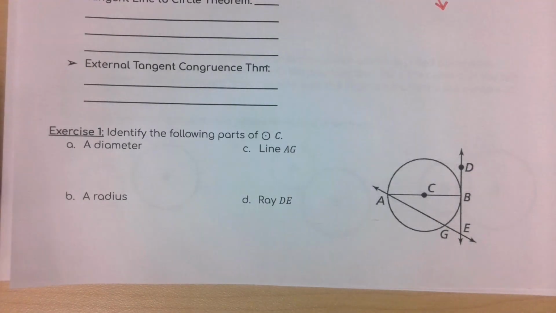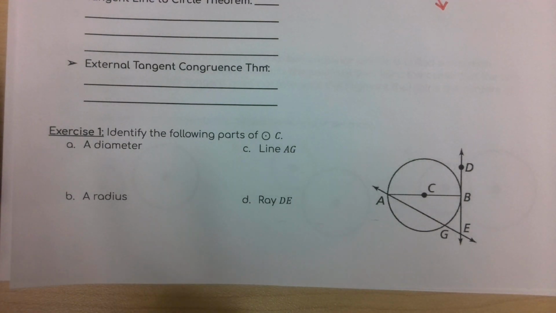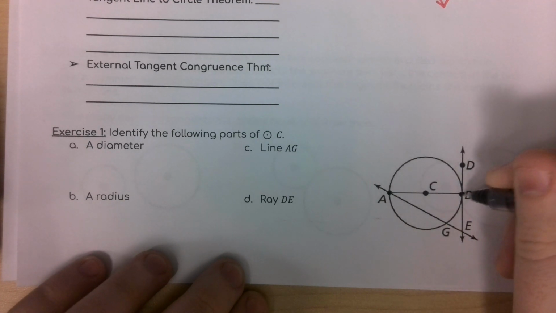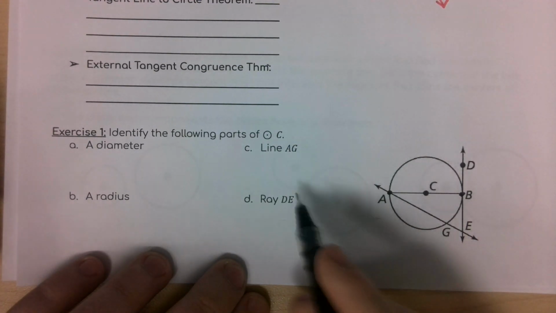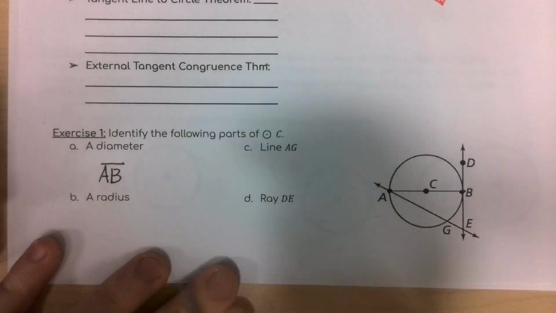Alright. So, with regards to circle C, if we're looking for a diameter, we are specifically looking for a chord, so a segment, that passes through the center of the circle. Luckily for us, we see there's a chord that ends at points A and B and goes right through the middle. So, line segment AB is a diameter.